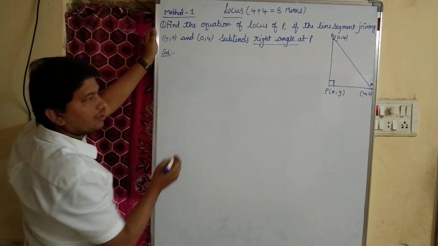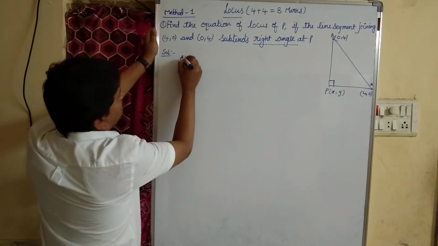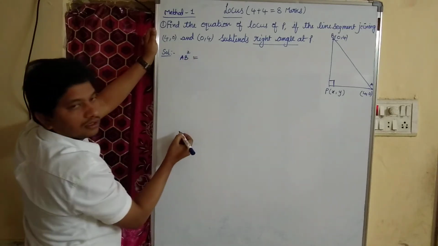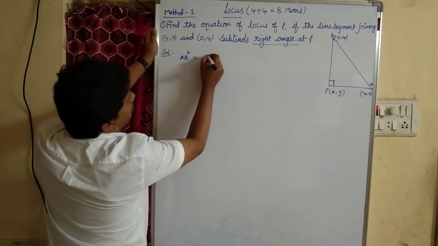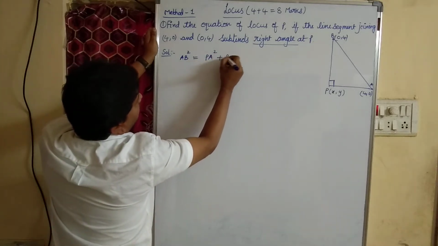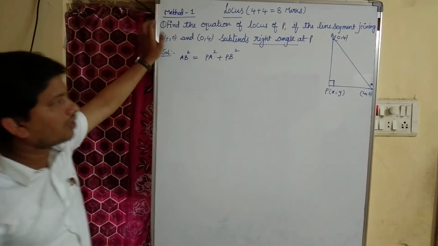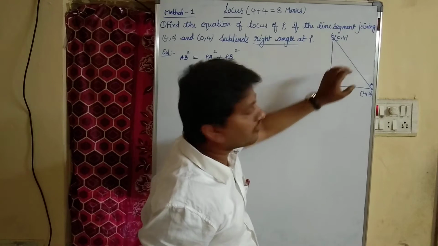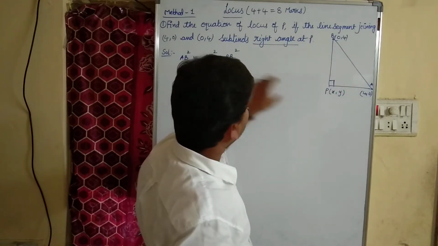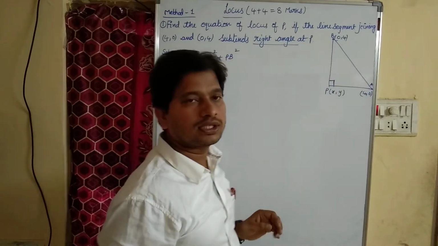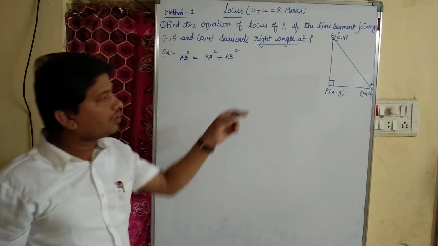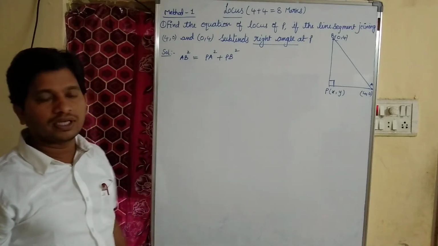According to Pythagoras theorem, AB square is equal to PA square plus PB square. According to Pythagoras theorem, what? Square of hypotenuse equal to sum of the squares of the other two sides. I mean here AB square equal to PA square plus PB square.